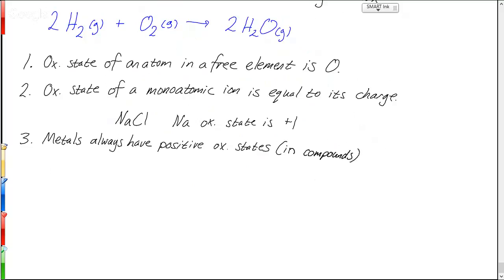So a metal will never have a negative oxidation state in a compound. And then we're going to assign others by this chart.